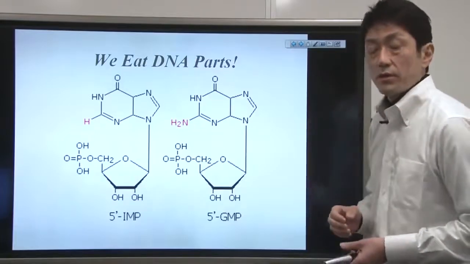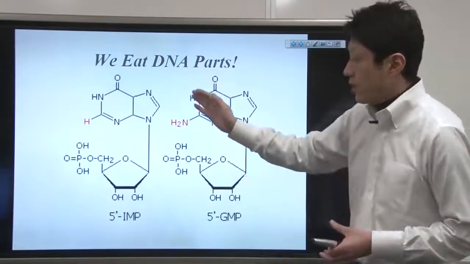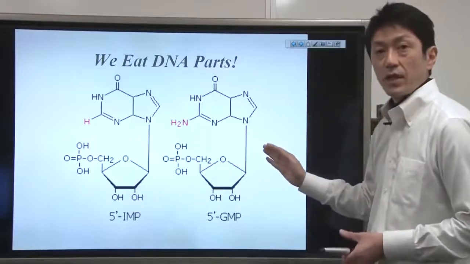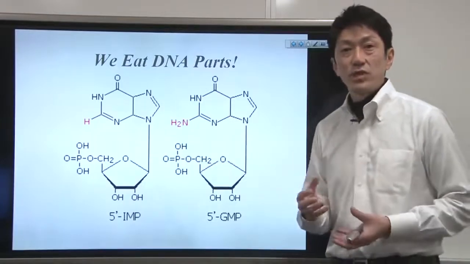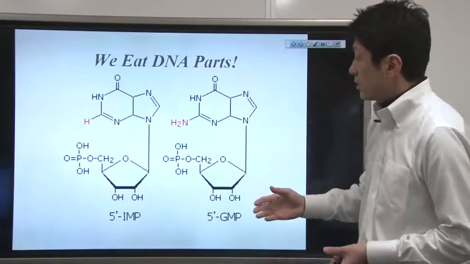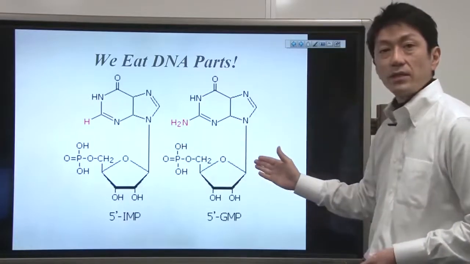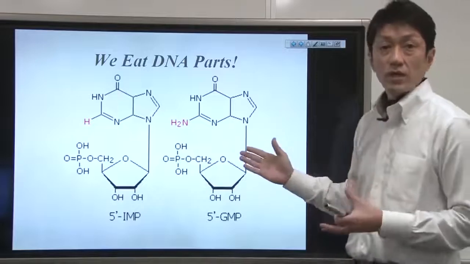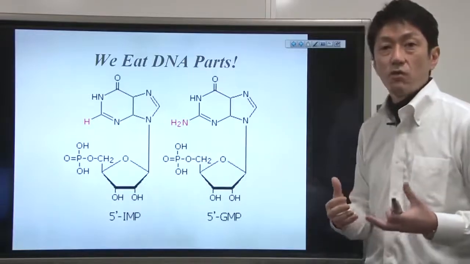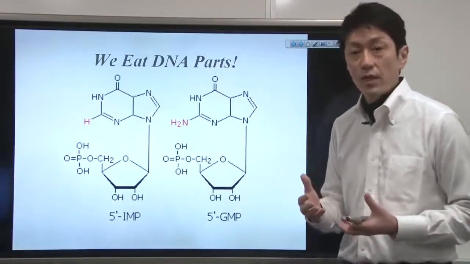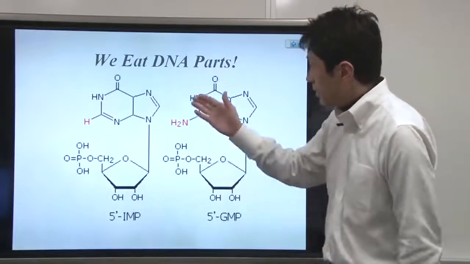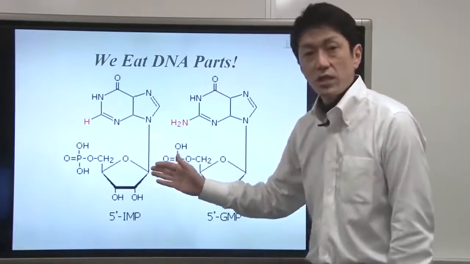In general, mixtures of inosinate and guanylate are used as seasonings. The inosinate is converted into guanylate or adenylate inside our bodies and constitutes part of our DNA. So that's why inosinate is so tasty.